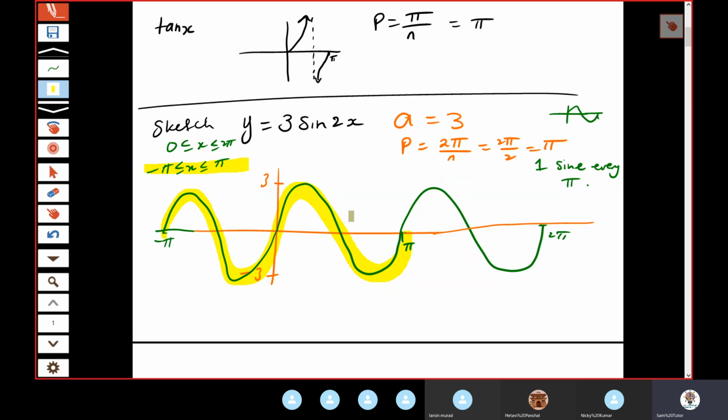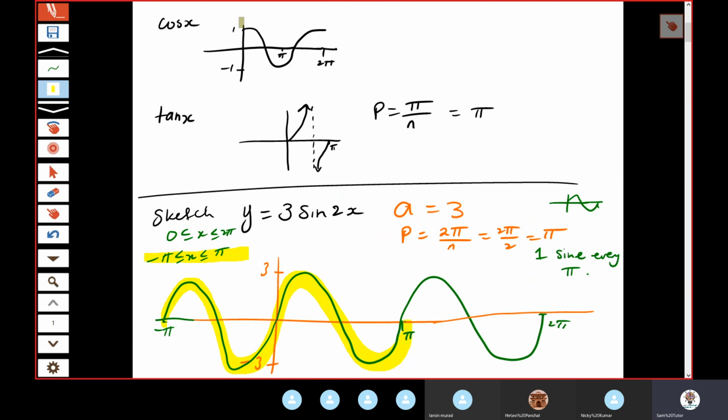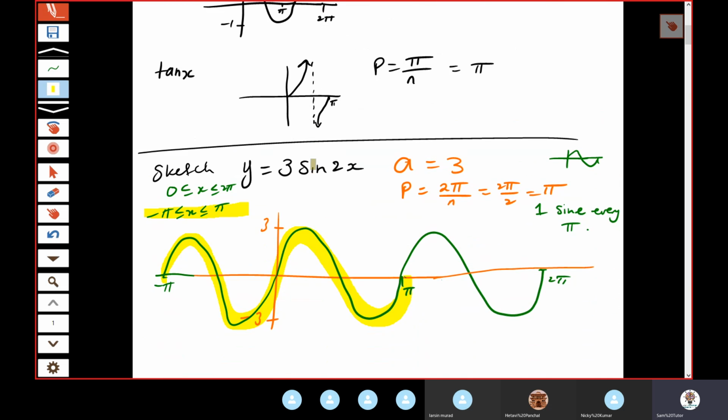Your period, if you've got pi, it means you see one sine every pi, assuming you've memorized the shape of your sine, cos, and tan. Really, then you're just drawing, and then it just tells you where to start and stop. You don't look at the domain, you just draw however many you want, and then you can just start and stop it as you wish. It's the better way.